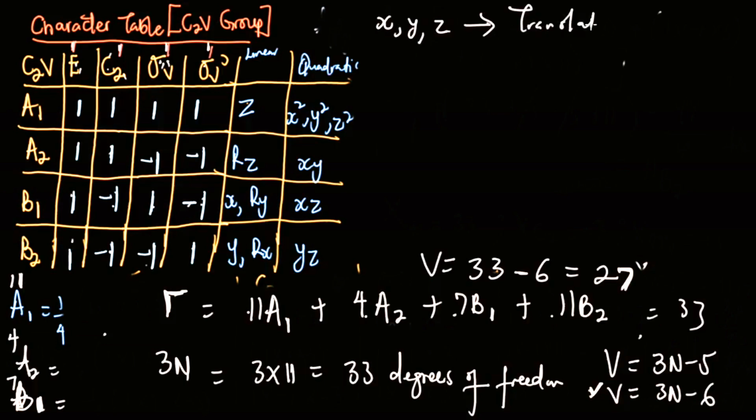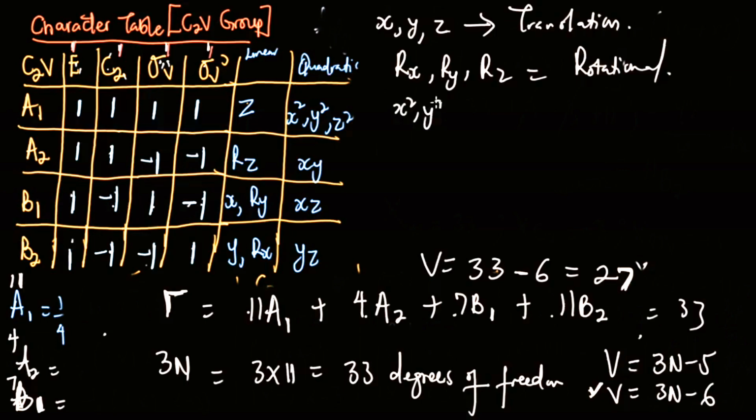Those represented with Rx, Ry or Rz are rotational. Those represented with quadratic functions like x², y², z², or even xy, xz, yz, or even x² minus y², are the ones that show up in the vibrational.